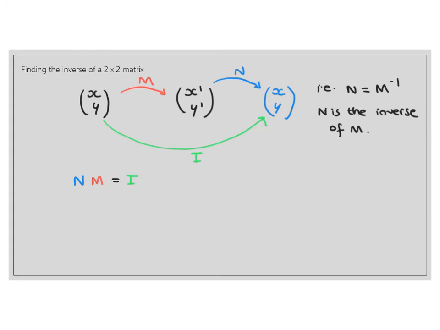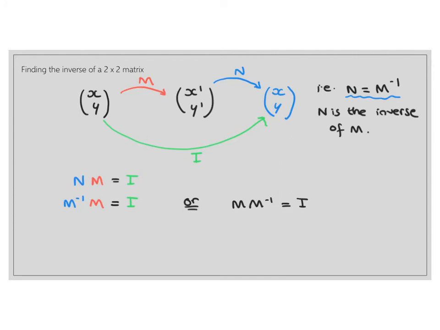We said that the matrix N is equal to the inverse matrix of M. So we know that M inverse M must equal the identity matrix. And of course, this can work in any order. So M M inverse will also take us to the identity matrix.